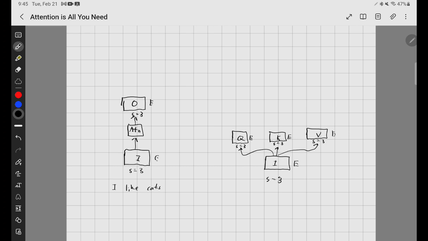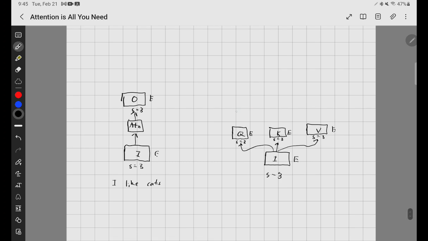What I can do is break up the queries, keys and values into multiple matrices by splitting along the encoding dimension. Say I break it into 2, or say I break it into 4. So that'll be E over 4, S is equal to 3.